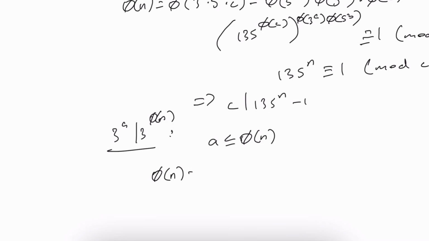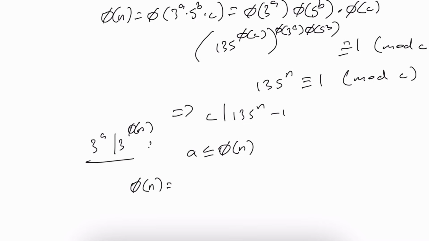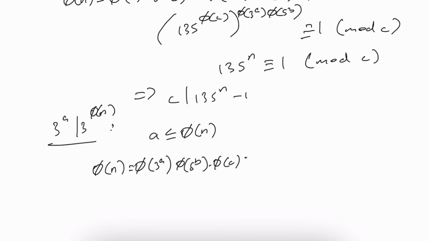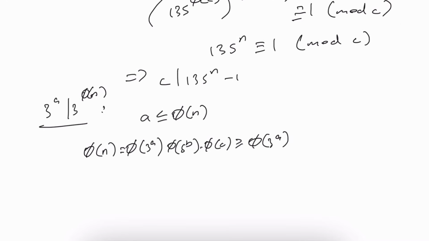Here, phi of n, writing it in the way we had up here, is equal to phi of 3 to the a times phi of 5 to the b times phi of c. This is surely greater than or equal to just phi of 3 to the a, which is equal to 3 to the a plus 1 minus 1 all over 3 minus a.